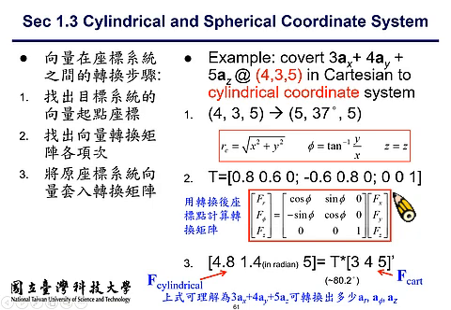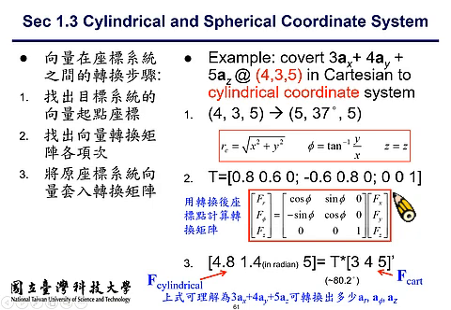All right? Well, you need to check out my slides when you review your slides at home. Okay, be sure to check the values. So that will be 0.8, 0.6, 0, minus 0.6, 0.8, 0, 0, 0, 1. And now in this matrix I have fx, fy, fz on the right hand side and fr, f theta, f phi.